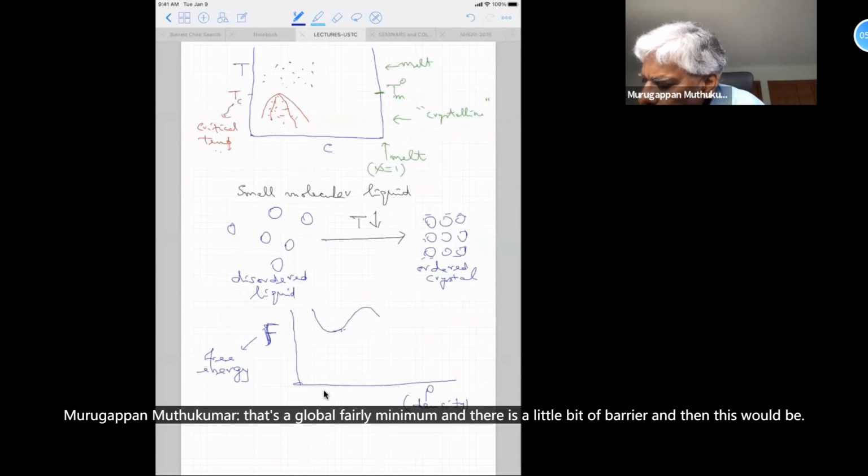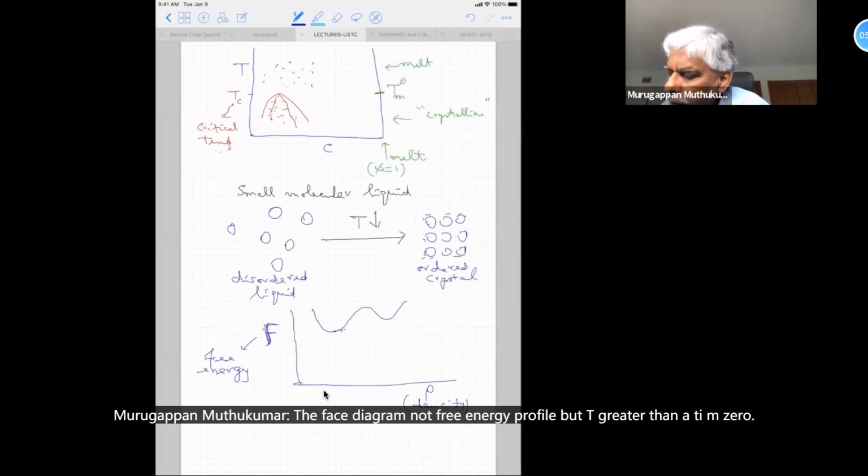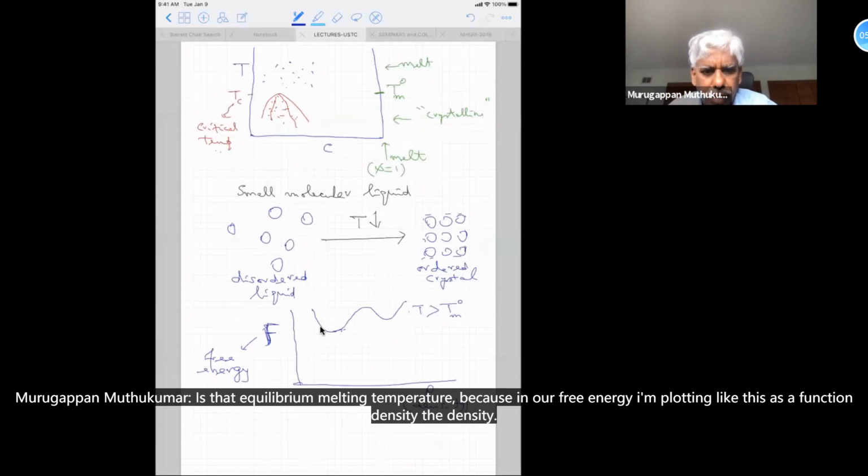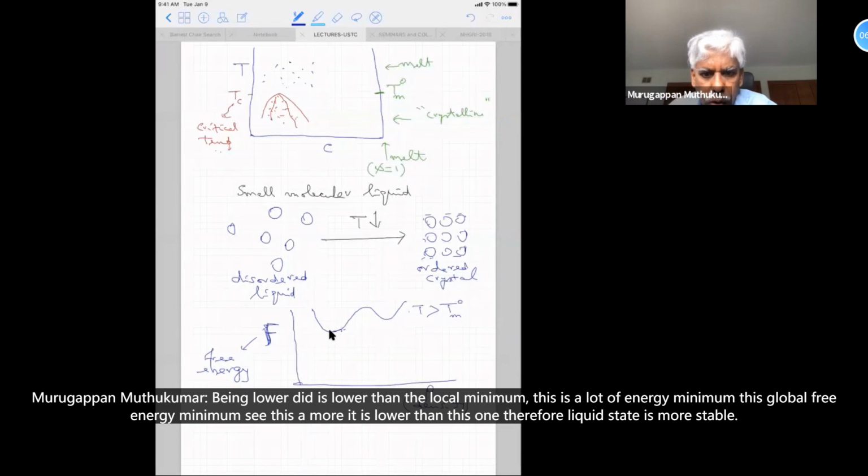This is T greater than Tm0, the equilibrium melting temperature, because in the free energy I'm plotting as a function of density. The density being lower, this is lower than the local minimum. This is a local free energy minimum. This is a global free energy minimum. It is lower than this one. Therefore, the liquid state is more stable.